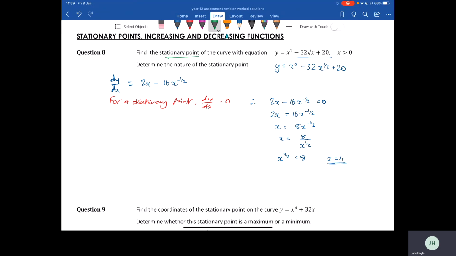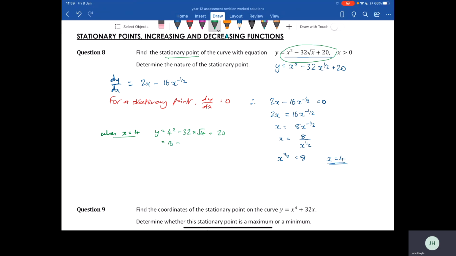To find the stationary point, I of course need to find the y value as well. So when x is equal to 4, I know that y is equal to, so I'm going to substitute it into there, 4 squared minus 32 times root 4 plus 20.